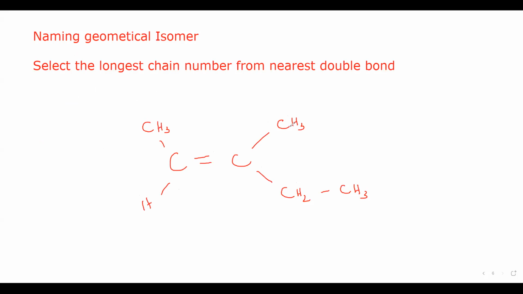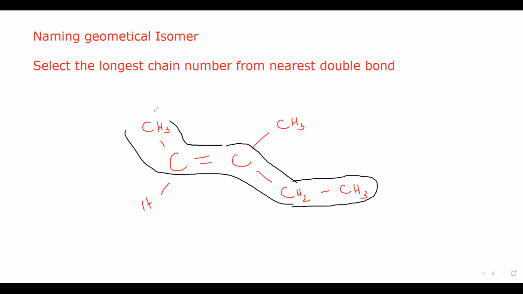So if we select the longest carbon chain, if I select from here, this will be 1, 2, 3, 4. If I select here, 1, 2, 3, 4. If I select 1, 2, 3, 4, 5, this is our longest carbon chain. After selecting the longest carbon chain, we number it: 1, 2, 3, 4, 5.